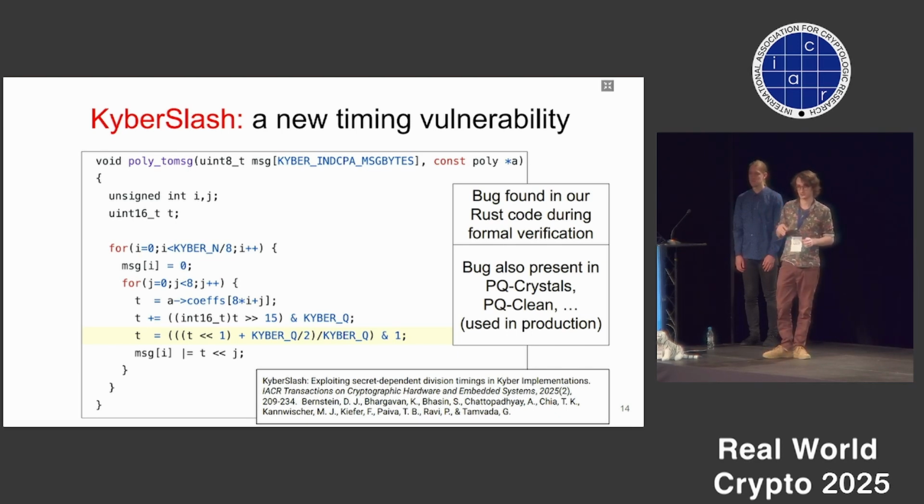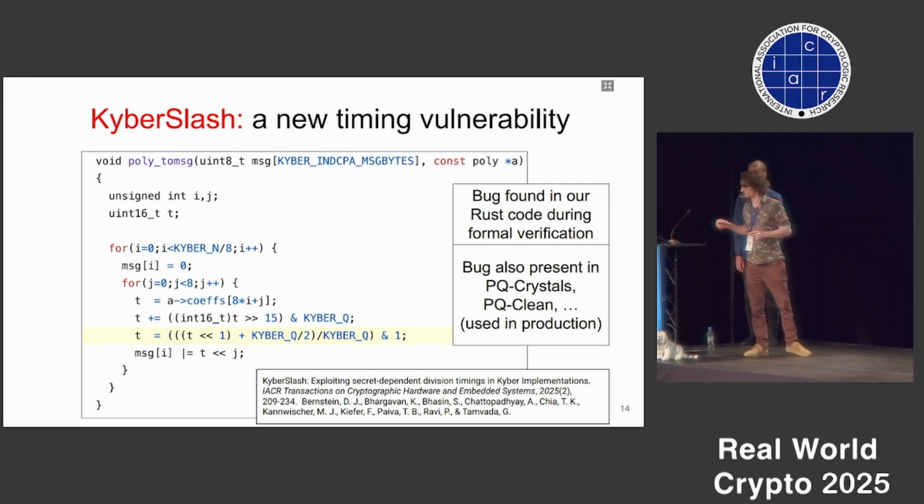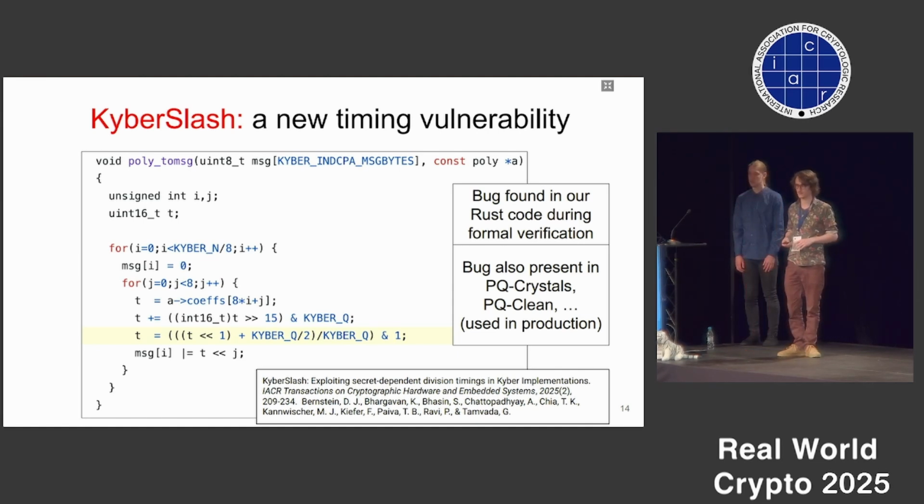And this issue was present in other implementations. In detail, we have to divide secret values by the modulus. And the authors of the reference implementation were expecting this to be translated as a multiplication, but it's not always the case, right? Some compilers don't. And that's how we ended up with KyberSlash.